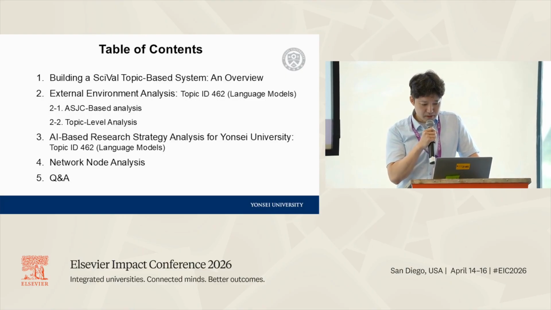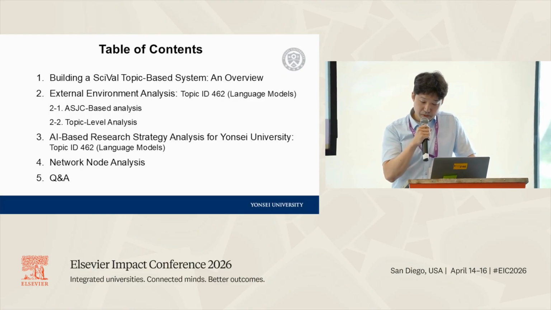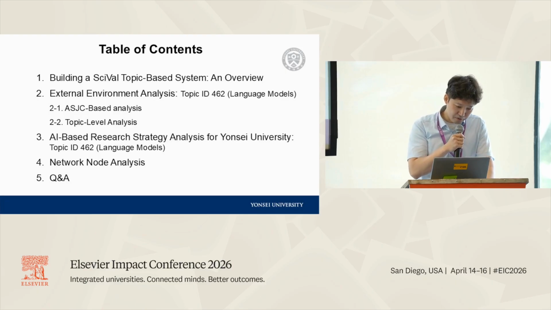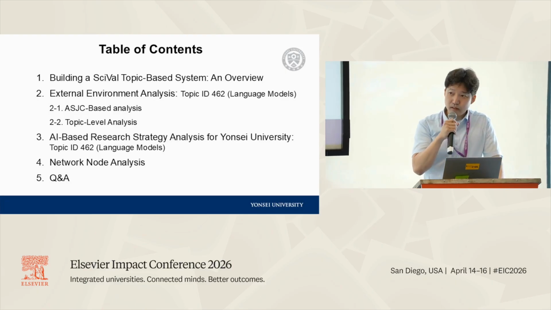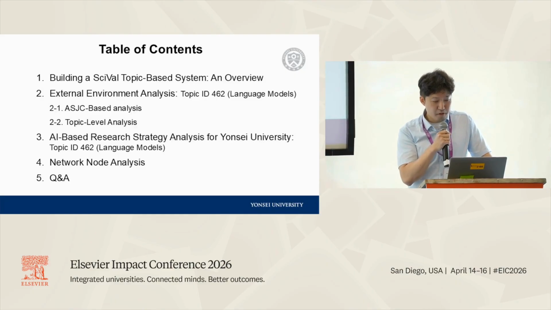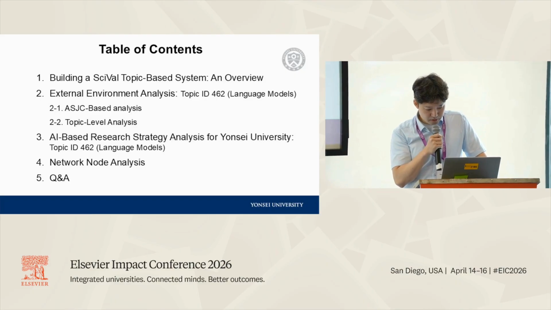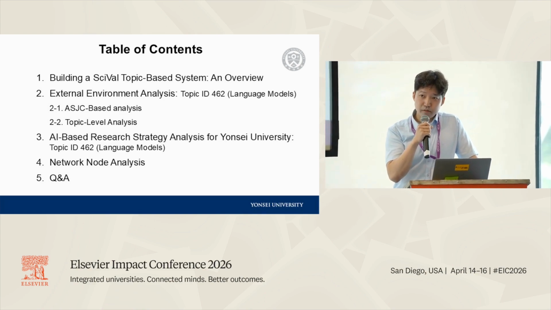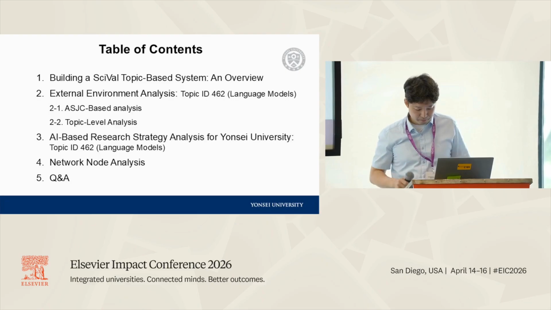And then I will discuss internal resources and capabilities for Yonsei University, specifically focusing on how we've utilized AI for this analysis. Then I will walk you through the network node analysis to visualize the global landscape. And finally, I will wrap up with a Q&A session to address any questions you may have.